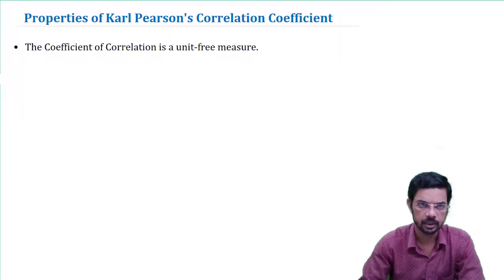The first property says that the correlation coefficient is a unit free measure, which means it does not have any units. For example, there are two variables, x and y.